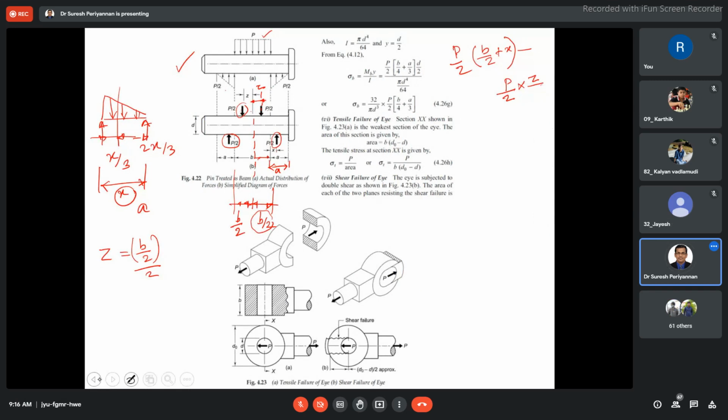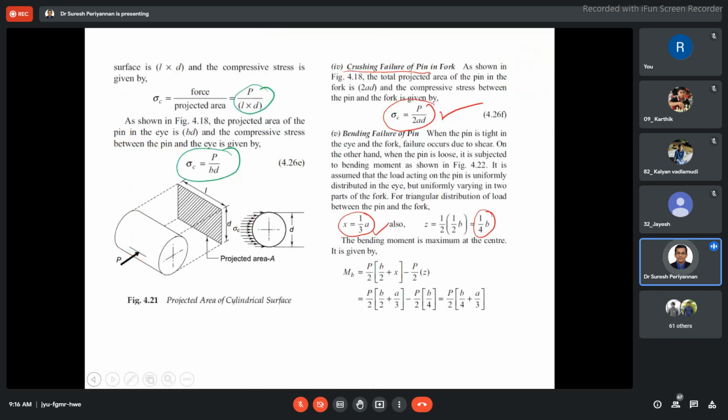So P by 2 into Z. Now this is the bending moment with respect to the center of the beam, the center of the pin. Now X is equal to A by 3, Z is equal to B by 4. Finally simplify this equation: P by 2 into B by 4 plus A by 3.